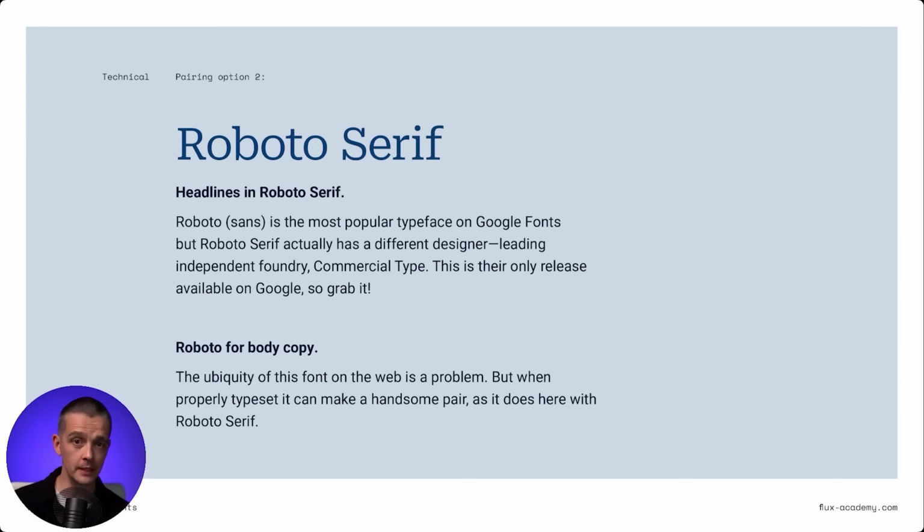When you get into the detail of this, you start picking up things like similar x-heights or similar curves or different elements that can just be complementary and make them look like they're part of the same family, like they belong together in the same place.